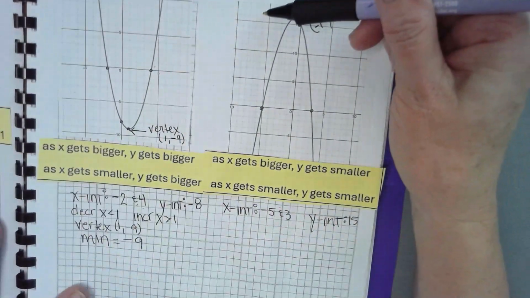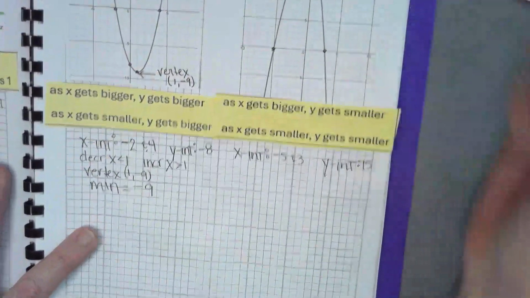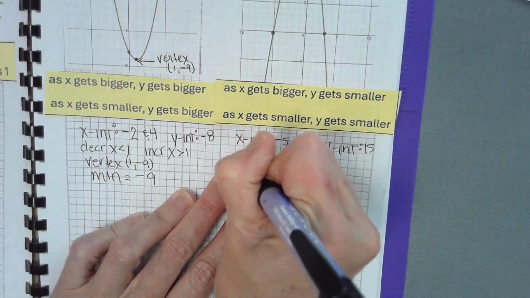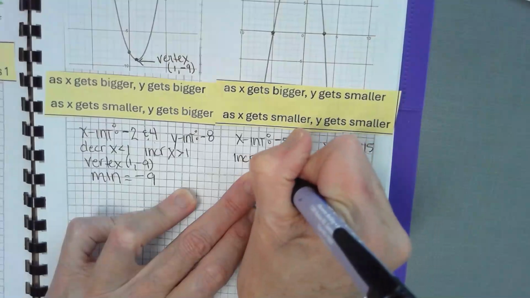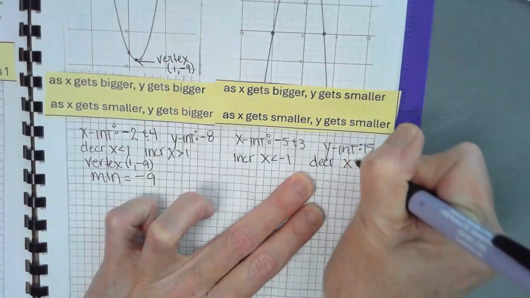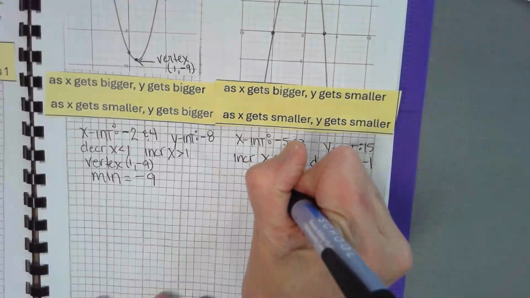So before the -1, where x is less than -1, it's increasing. And then after that, it's decreasing. So increasing when x is less than -1, decreasing when x is greater than -1, and then let's write our vertex down.